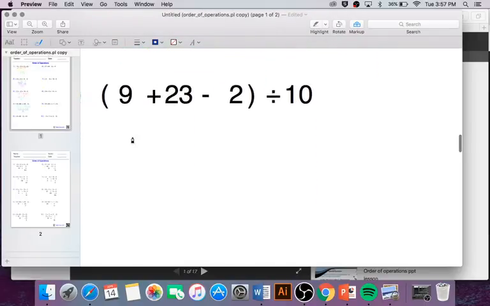Our next problem, we have 9 plus 23 minus 2 in parentheses divided by 10. So the first thing we're going to want to solve is our parentheses. Now when we look at our parentheses, we have addition and subtraction. So we're going to solve in the order that they appear from left to right. So we have 9 plus 23, which is 32, and then we're going to subtract 2, which is 30.